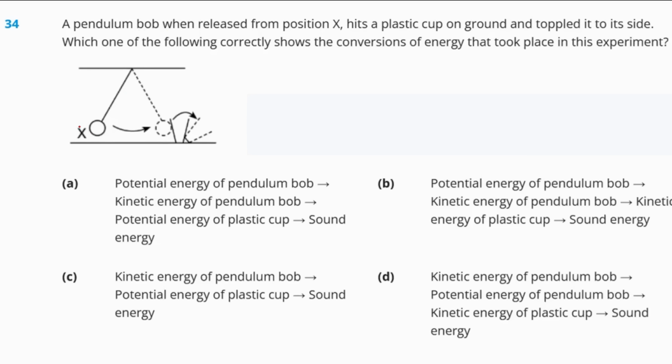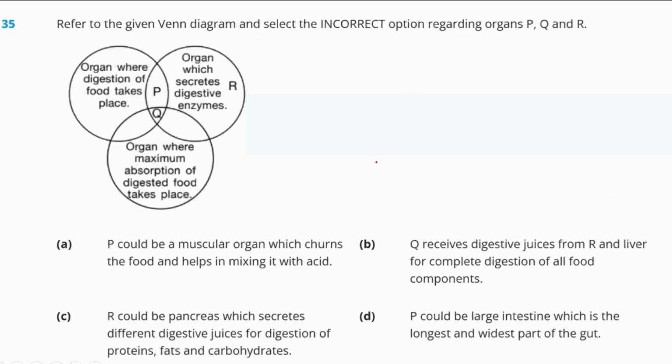So when something is in position, it would be potential energy. Then it starts moving, it would be its kinetic energy, right? Then this energy would be hitting here. It would be kinetic energy and sound would be formed. So option number B would be our answer here.